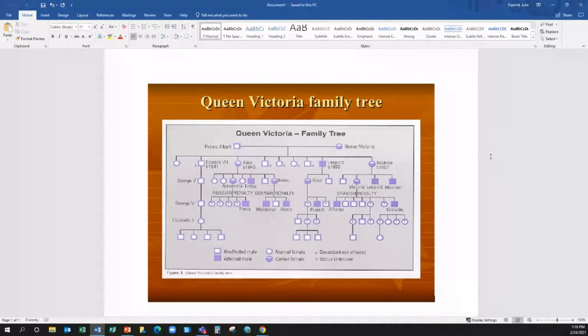So that's why you get a lot of intermarriage. That, and for hundreds of years, royals were stuck on this idea of keeping the bloodline pure, so you married within your own family. And as you can imagine, you teenagers out there, this caused a lot of problems with their children.